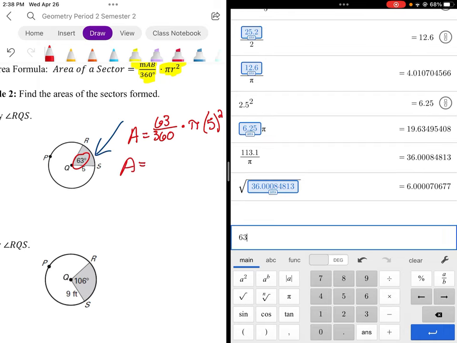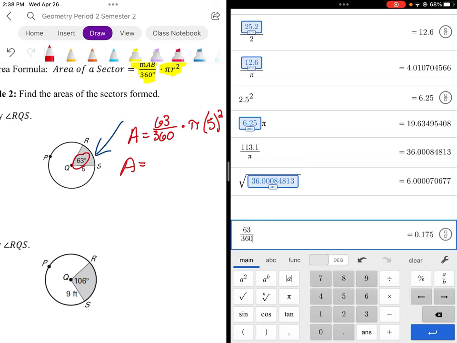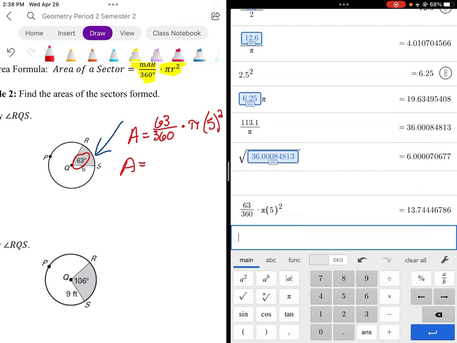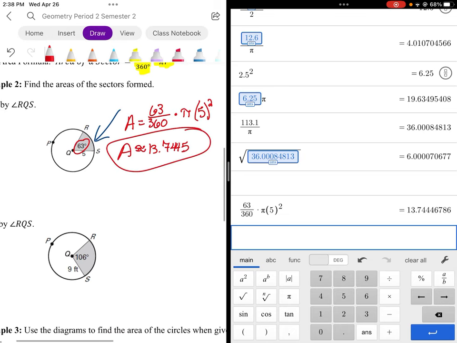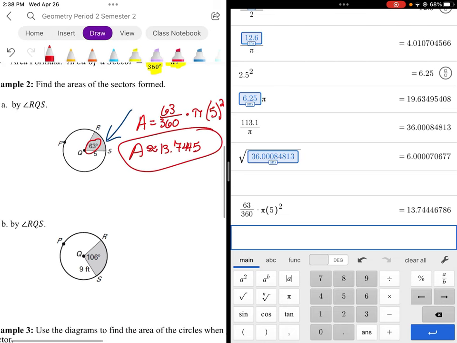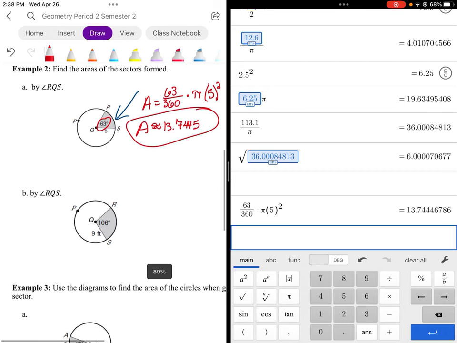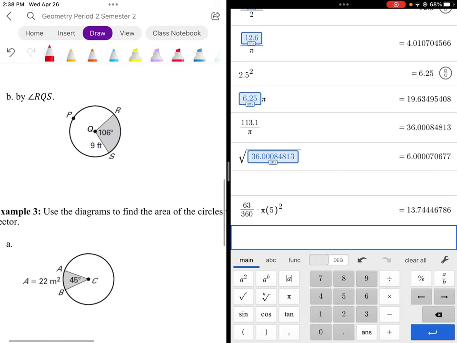So we're just going to type that into our calculator. 63 divided by 360 times pi 5 squared. So our area is about 13.7445. And that's our answer.